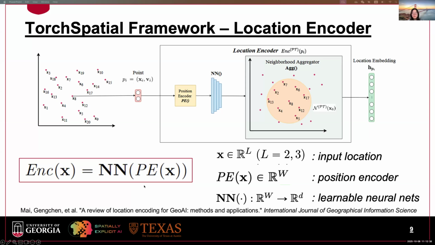The purpose of position embedding is to do location feature normalization and composition so that the output position embedding is more learning friendly for neural nets. And NN is just a learnable neural network component that maps the input position embedding to the location embedding. In our framework, we adopt a very simple way, using an MLP or dense layer for the NN part.